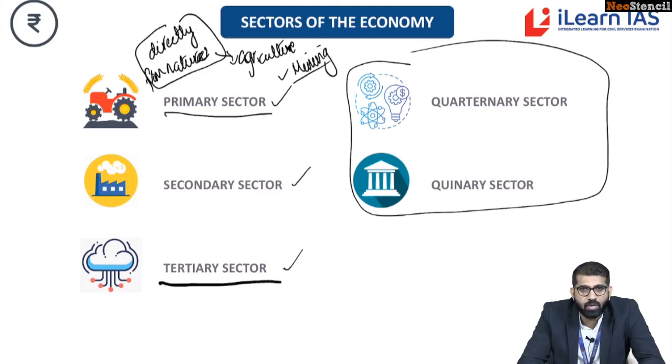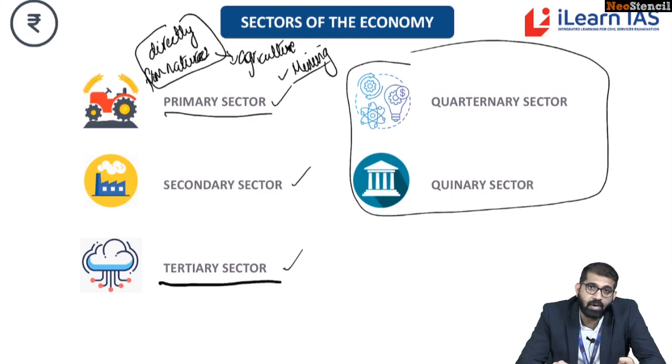So services are those things which we can only feel. We cannot actually touch it or see it. So various services, for example, the IT services, the teaching services, the medical services, right?